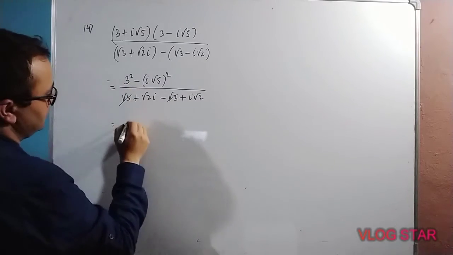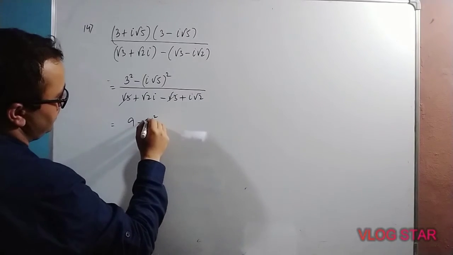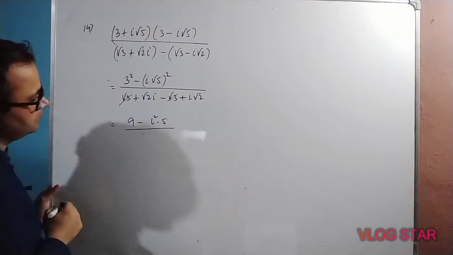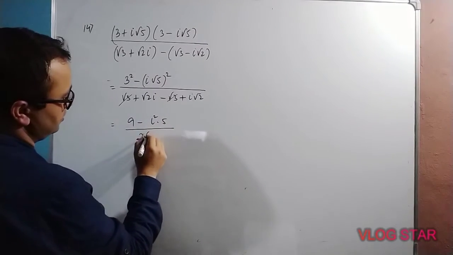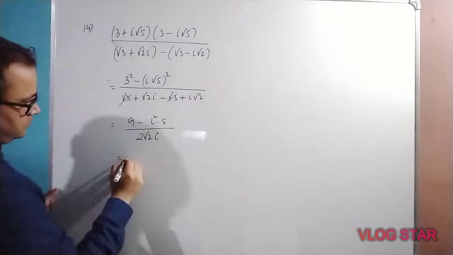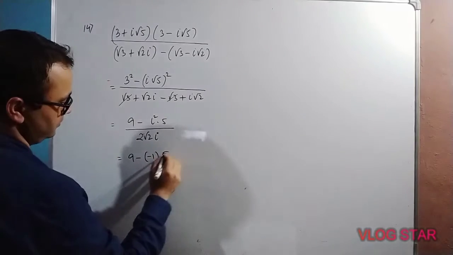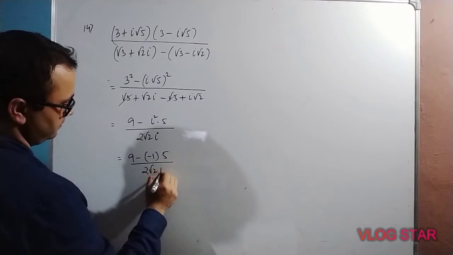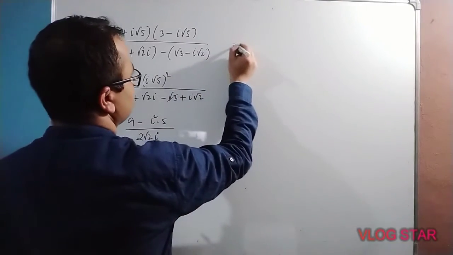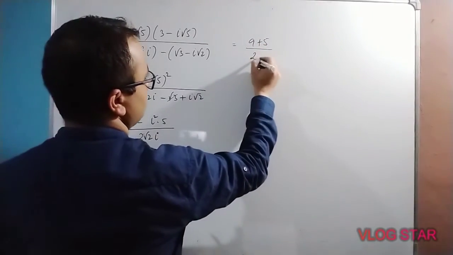So this is (9 minus i square times 5) divided by 2 root 2 i. 9 minus i square is minus 1 times 5, divided by 2 root 2 i. This equals 9 plus 5 by 2 root 2 i.